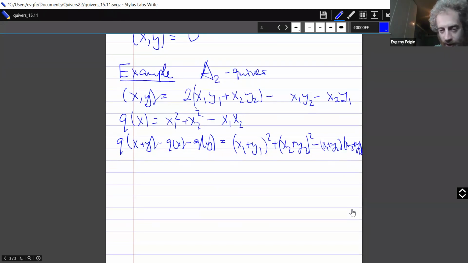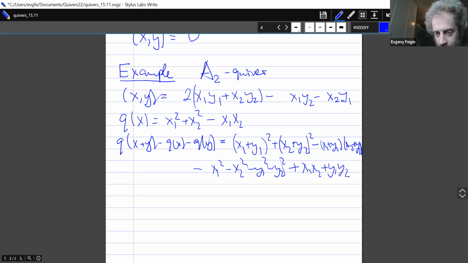Then we subtract x1 squared, x2 squared, y1 squared, y2 squared, and add x1x2 and y1y2. And then we get exactly the result which is written upstairs.